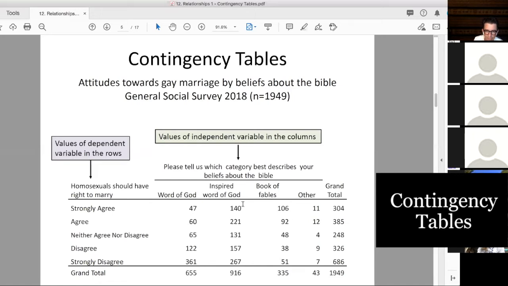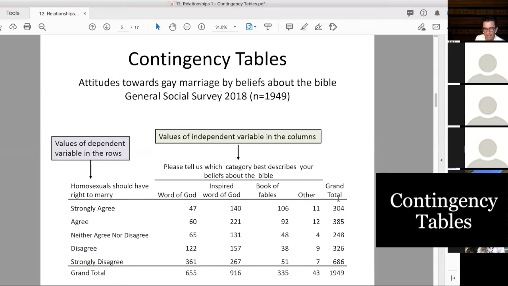And in the values inside of the table, right, you have many things. Let's start with this one, the grand total here on the last column. This one is everybody that answered these attitudes towards gay marriage, right? This is like the absolute frequency for this variable.